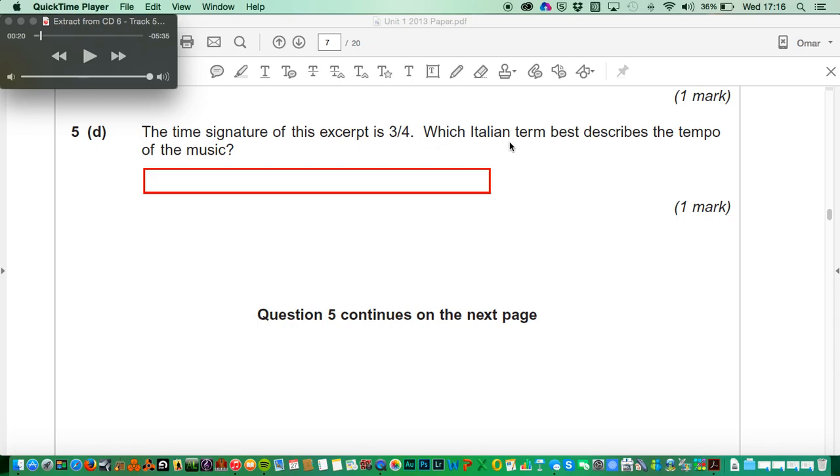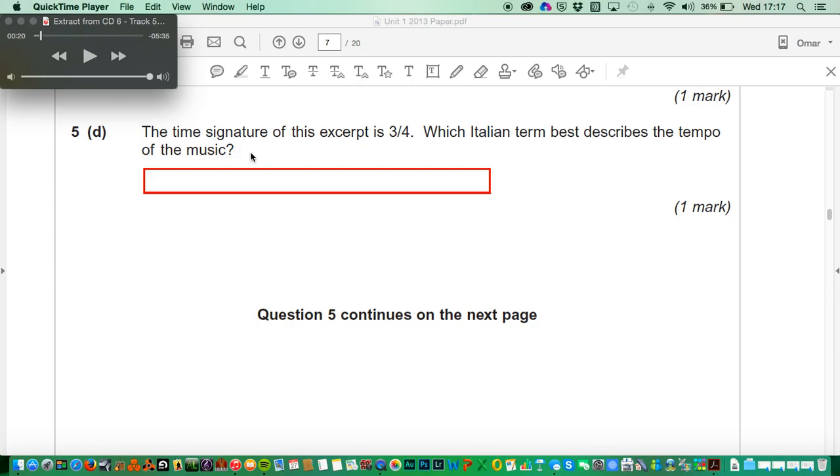You need to write which Italian term best describes the tempo or the speed of the music. So, Italian terms going from slow to fast are as follows. Slow terms would be lento and adagio, that means slow. Andante, which is a walking pace tempo, so I would say that that's roughly 60 beats per minute, so 1 beat equaling 1 second.